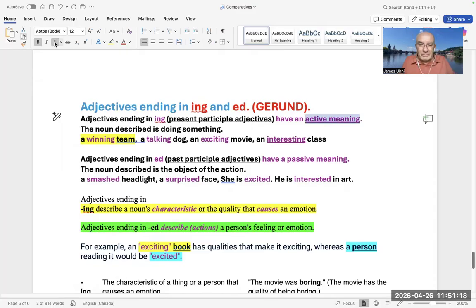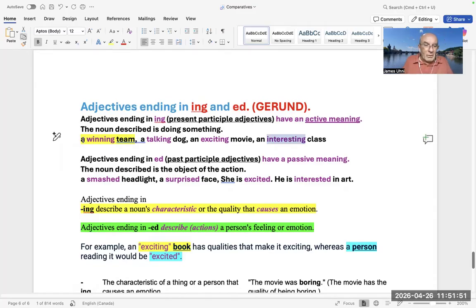My apology. Interesting. I will take the underline away because that's not where I wanted to have it. And here we have it. The noun described is doing something. Wow. Noun is doing something. That means noun plus action verb.